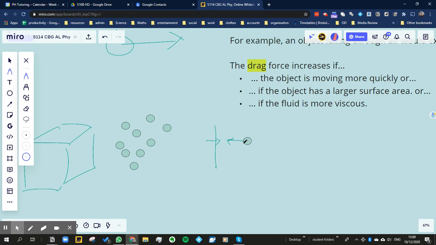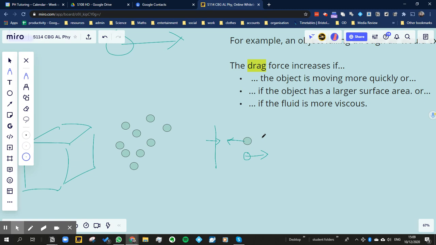You have to then push this air particle so it goes backwards the other way like that. So that's the force that's needed to push that one air particle. And obviously, if you have to do that lots of times with lots of air particles, then there's going to be a bigger force. Does that all make sense?